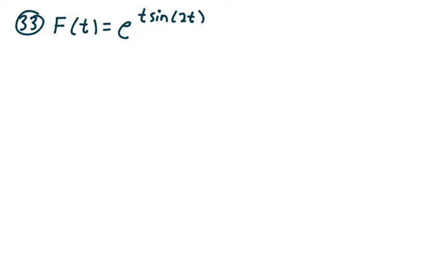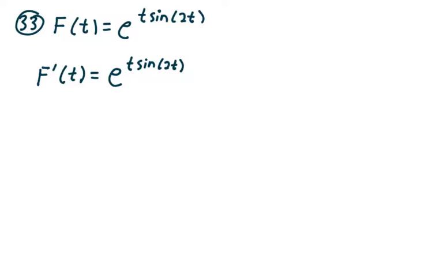So when you get a little bit more comfortable with the chain rule, this is how I would be going through this. So if I want f prime of t, okay, the outside function is e to the t. And so I'm going to take the derivative of e to the t, I'm going to get e to the t. So we're going to take e to the t sine of 2t, okay?